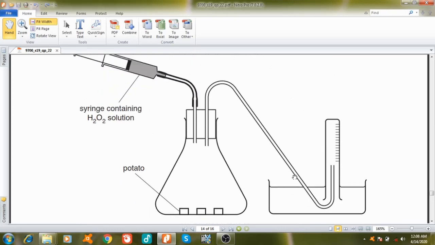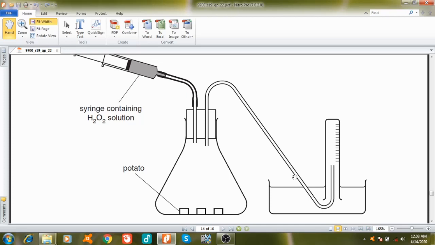During this reaction, the hydrogen peroxide will come into the flask and come in contact with the potato tissues. Potato tissues have catalase enzymes. Breakdown of hydrogen peroxide will start as soon as they come in contact with the potato. As a result, oxygen gas will be produced. Through the other tube, the oxygen will go into the beaker, which is inverted in water.